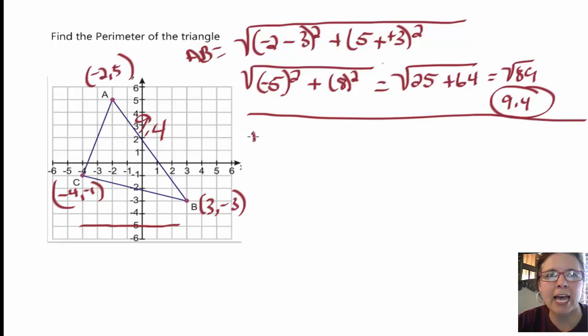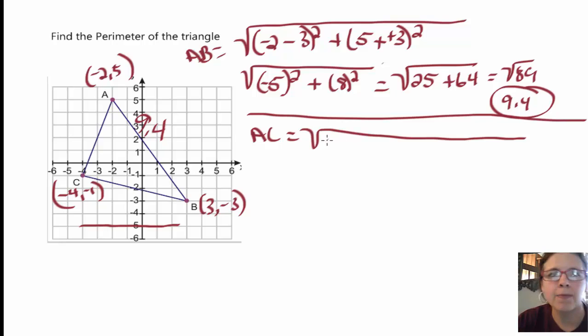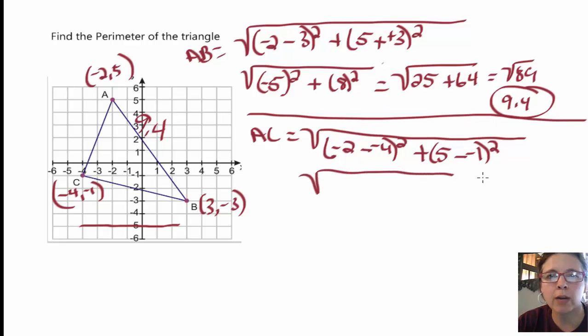Okay, the distance from A to C is the square root of -2 minus a -4 squared plus 5 minus -1 squared. This really becomes positive, so this becomes 2 squared plus 6 squared.